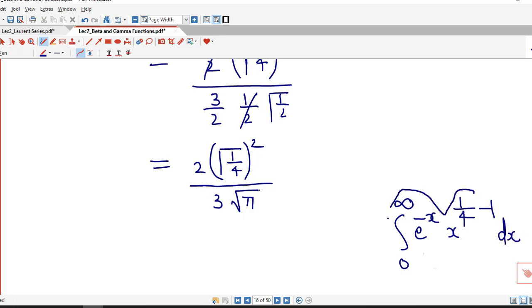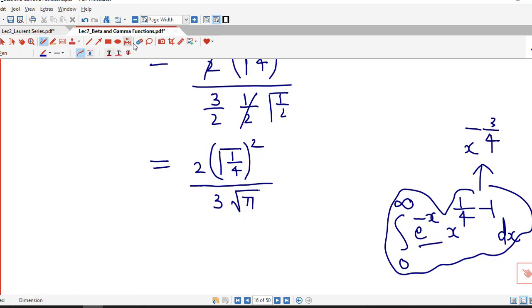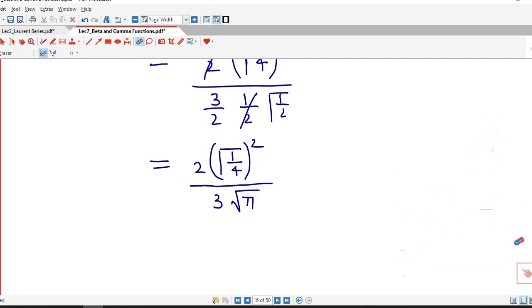So here also we have a problem in evaluating this integral, because this is going to be x raised to 1 minus 4, that is minus 3 by 4, dx. So the integral is not easy. So it is fine, we keep gamma 1 by 4 as it is.